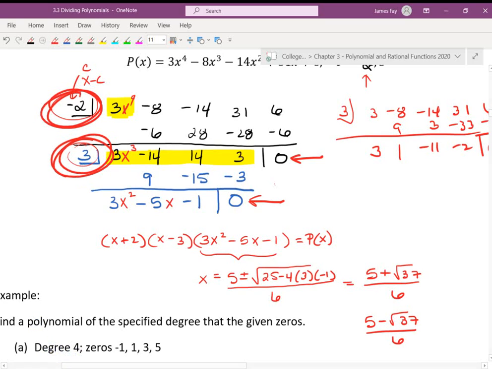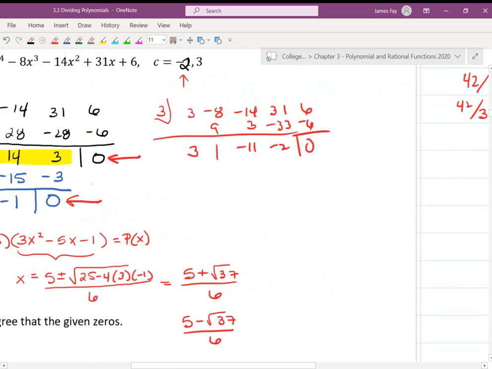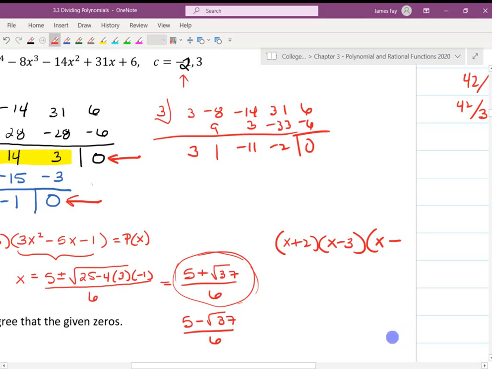So if I want to find the factors for this, we have the factor already of x plus 2. We had the factor of x minus 3. Now I'm going to have the factor with that being my c term. So I'm going to go x minus, and the safest thing to do is to put that in parentheses. So I go 5 plus root 37 all over 6.